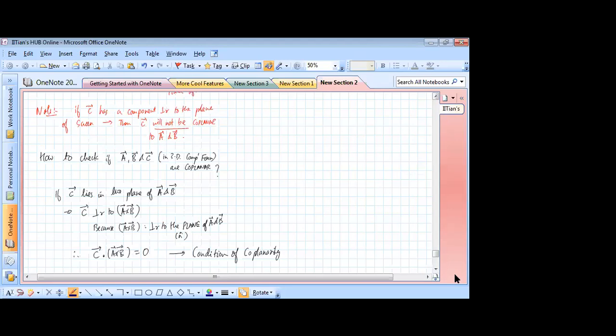Yeah, the question we are discussing is the 12th one, sorry. So the condition of coplanarity for three vectors.